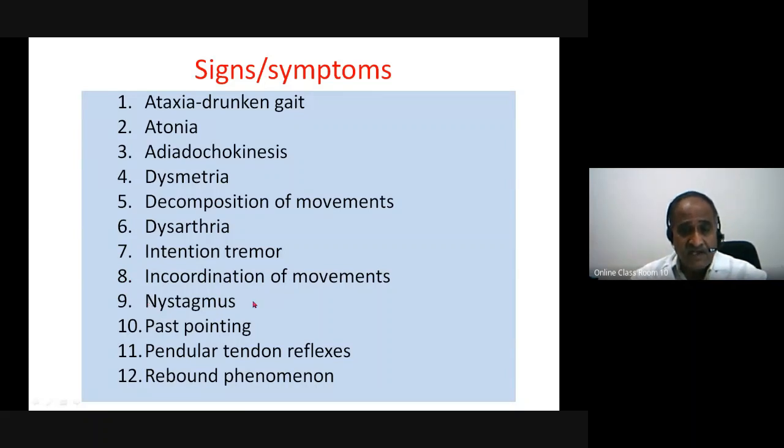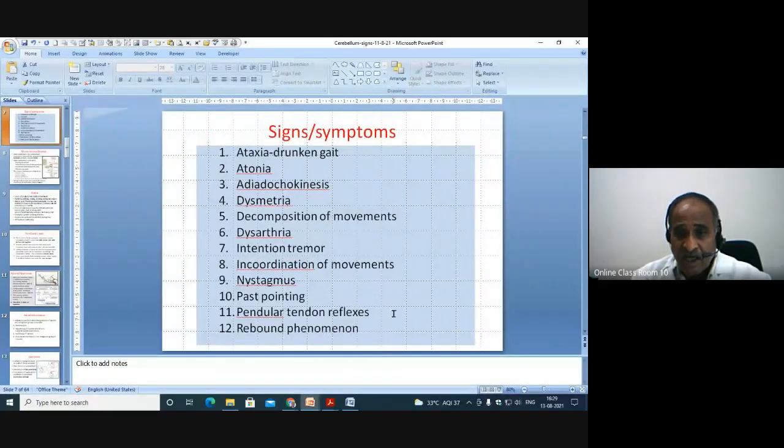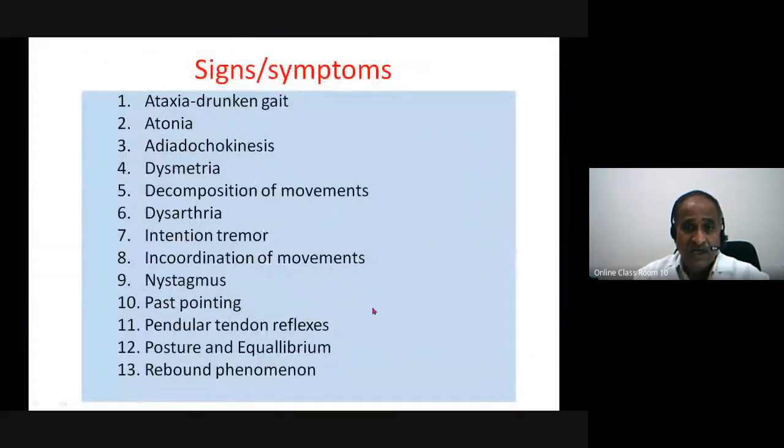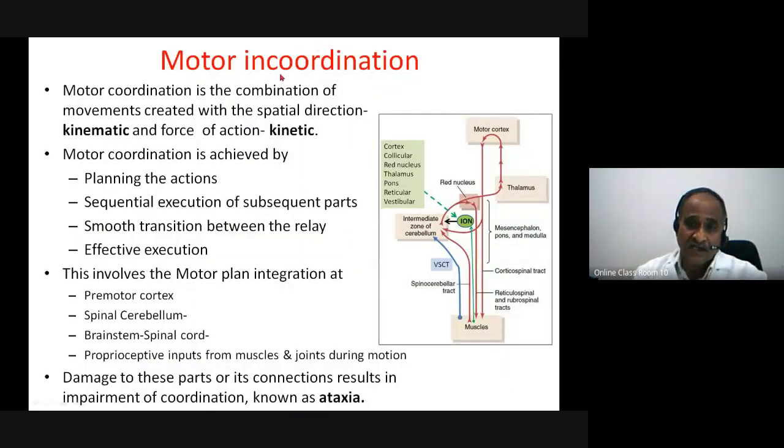Then nystagmus, which is a jerky eyeball movement. Then past pointing, pendular reflexes, rebound phenomena. I will add here posture and equilibrium, and the rebound phenomenon, that is overshoot. So these are some of the signs and symptoms of cerebellar disorders. Okay, let us see the first one, motor incoordination.